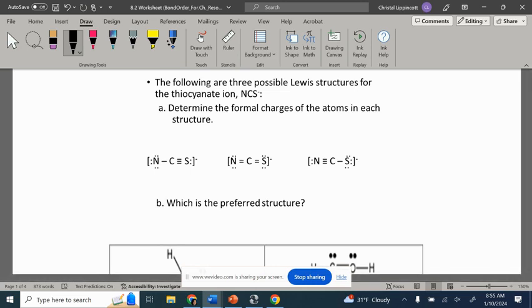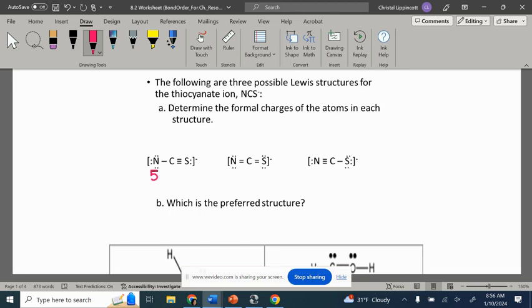All right. First one here is we've got 3 different structures. So like I was saying, you can draw these in different ways, but only one of these is correct. And we're going to figure out using formal charge which one of these is the right one. All right? So nitrogen. How many electrons should nitrogen have? What column is it in on the periodic table? 5. So it should have 5. Okay.